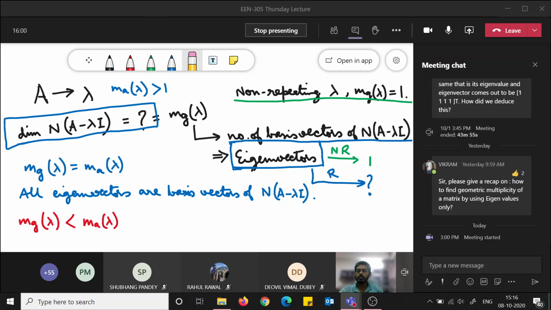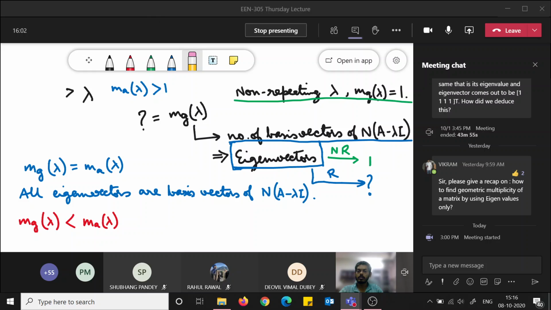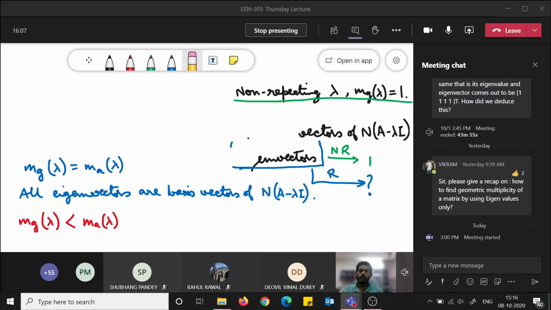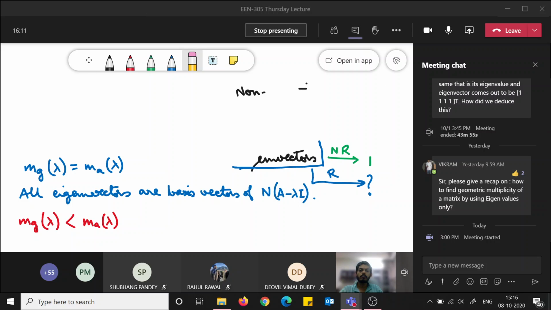Let's see. But in all these cases you only need the eigenvalue. Please note this, you only need the eigenvalue in order to solve for the eigenvectors.